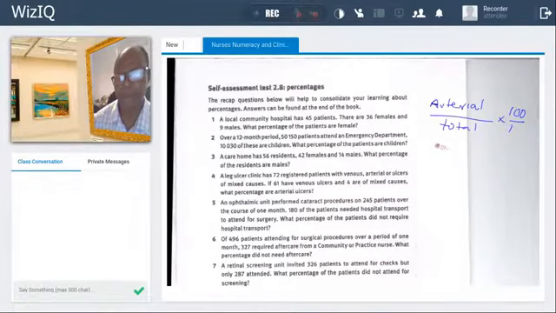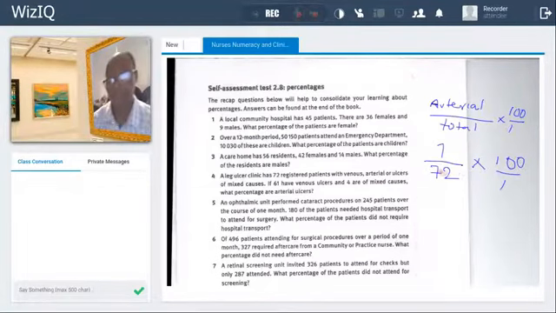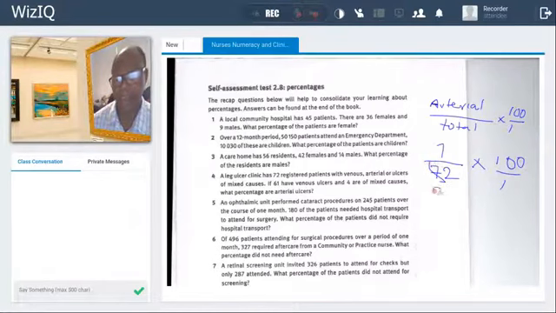So arterial is 7, and we have 72, the total we've been given, times 100 over 1. You can start with a smaller number, it doesn't matter. So we can start with 2. 2 into 7 is 3. 3 times 2 is 6. 7 take away 6 is 1.